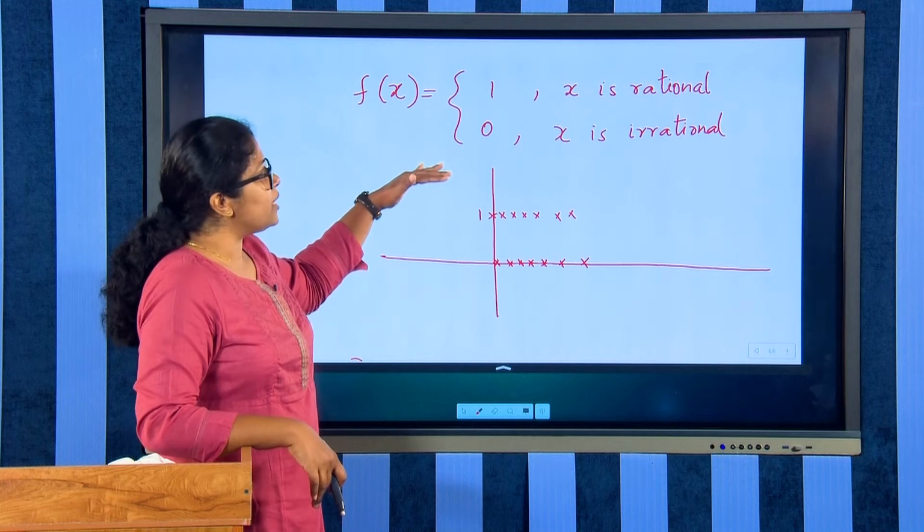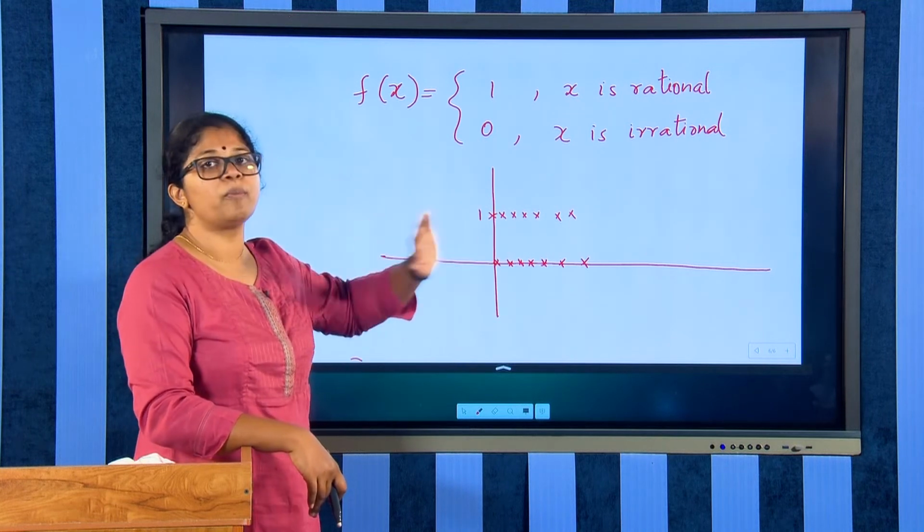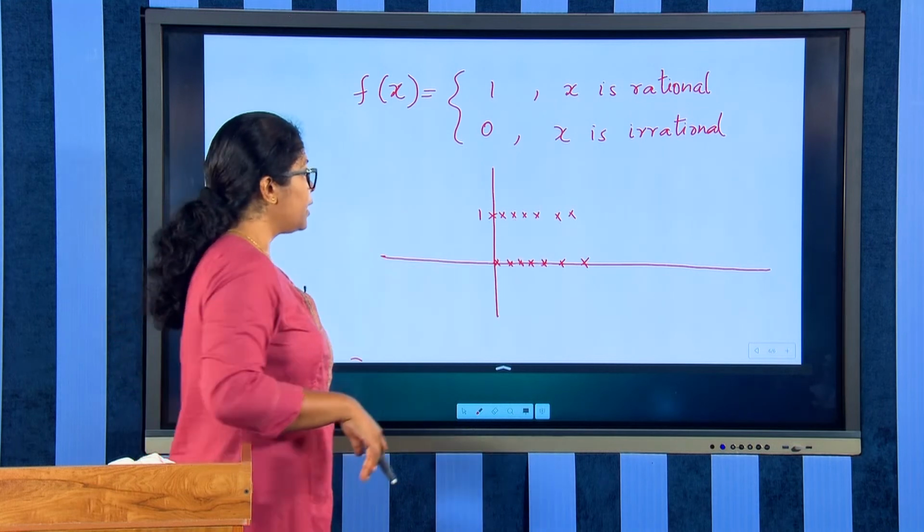So, this is the Dirichlet function, which is a highly discontinuous function. At no point it is continuous.